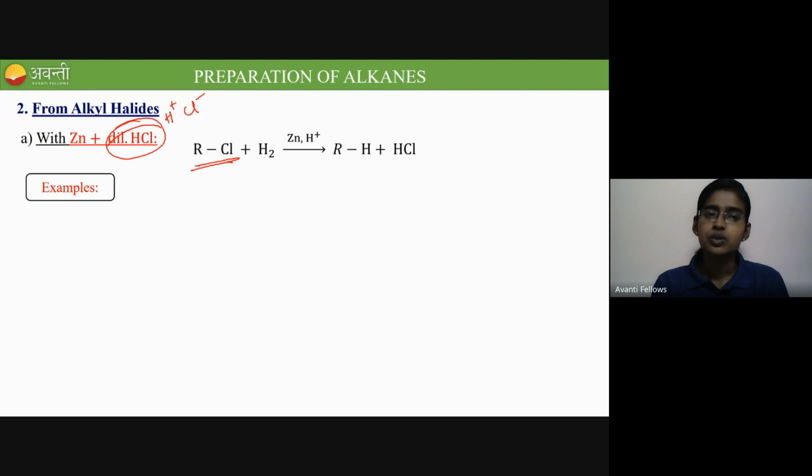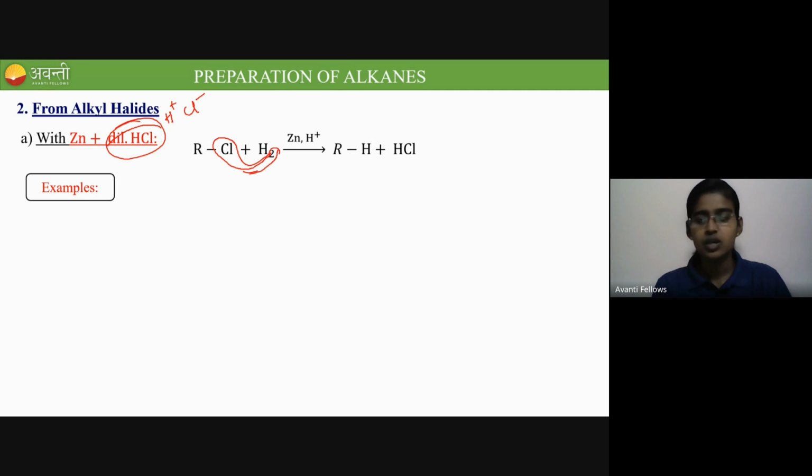To these alkyl halides also, we are adding hydrogen, but in the presence of zinc metal as the catalyst, and also using an acid, dilute HCl. On adding these, HCl is getting eliminated from the reactant side, and the hydrogen goes and forms a bond with the alkyl group.